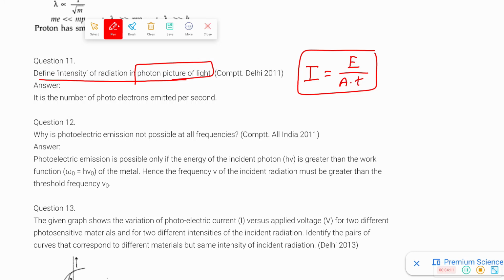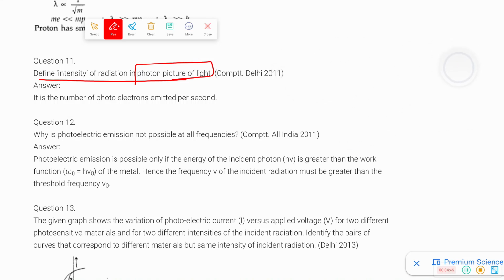This is your intensity in the photon picture. But according to the wave picture, intensity is directly proportional to amplitude square. This is your wave picture of light. So this should be clear in your mind. In this chapter they may ask this one, the photon picture.